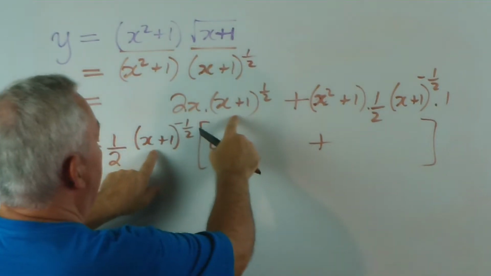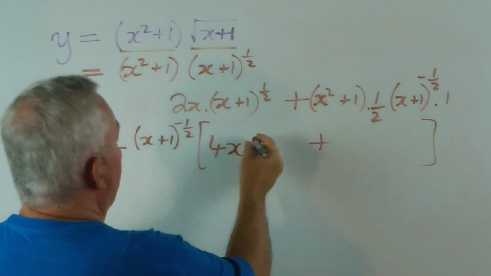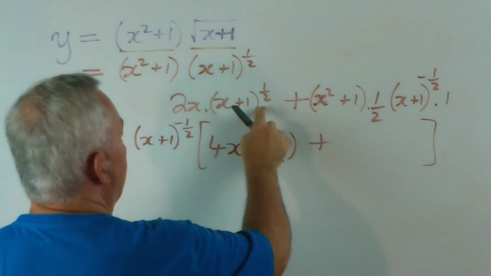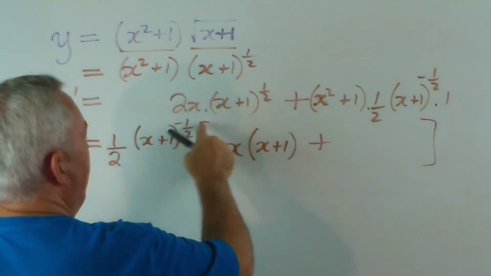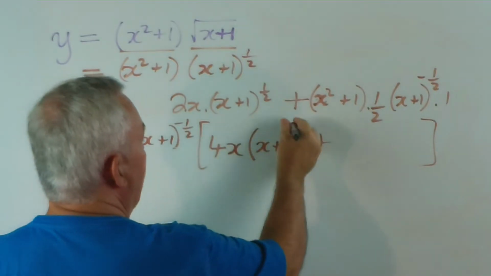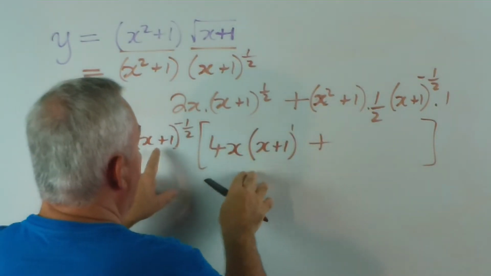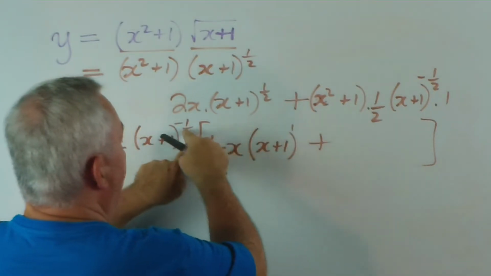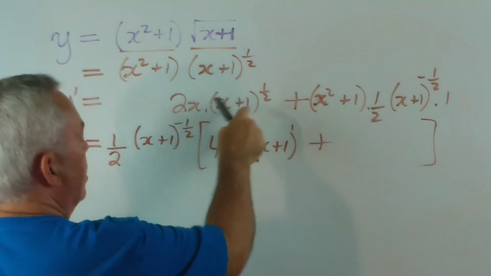And this has to be divided by that, which gives us x plus 1. When we're dividing, we subtract the indices. Half minus minus a half is 1. Or if you want to check by multiplying this times this, we would add the indices, and 1 and a minus a half gives a half.